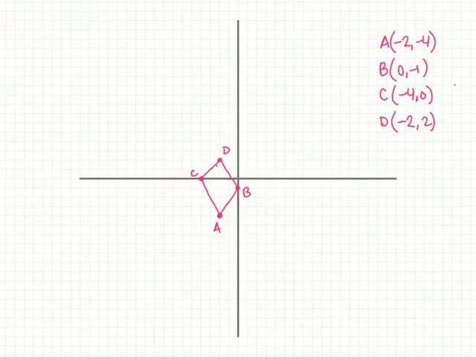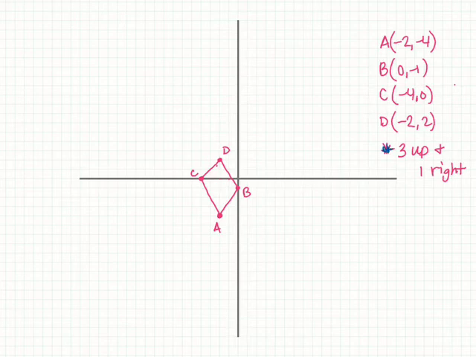All right, now I need directions to tell you where to translate this. So let's say 3 up and 1 right. Okay, I'm going to put this one in a different color so it's easier to see. So that means that each point individually, A, B, C, and D, I'm going to follow these directions.